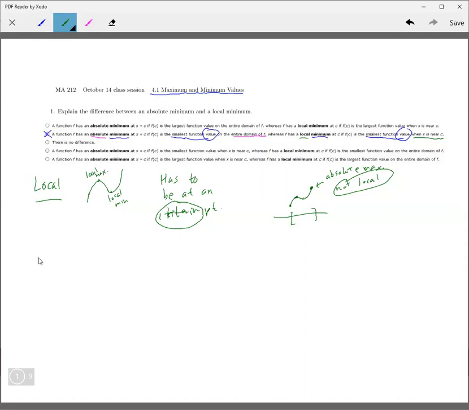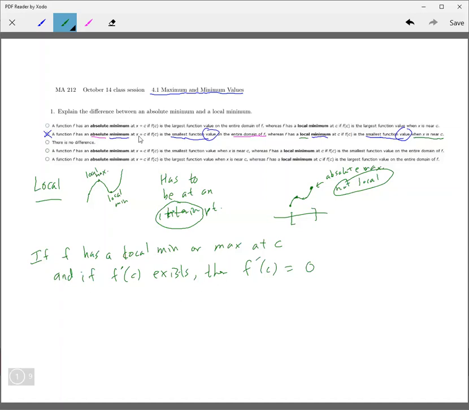Now, one thing is if f has a local minimum or maximum at c, and if the derivative exists, then that derivative has to be 0.